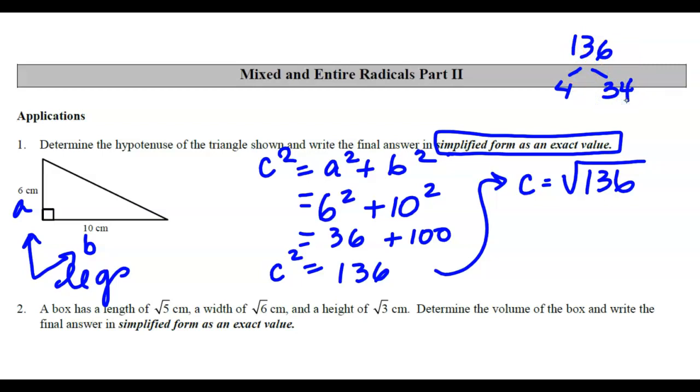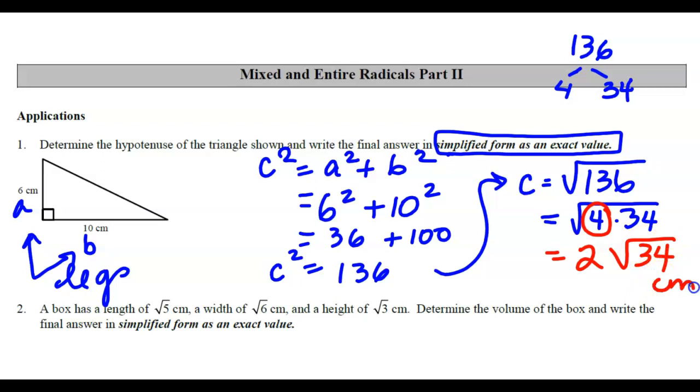Then I think, okay, 34, what are the factors of that? 2 and 17. No perfect square in that part. So that's what I can show. And remember, my analogy, the perfect child gets to go out on the weekend, and the 34 has to stay home. And in this case, we need the units.